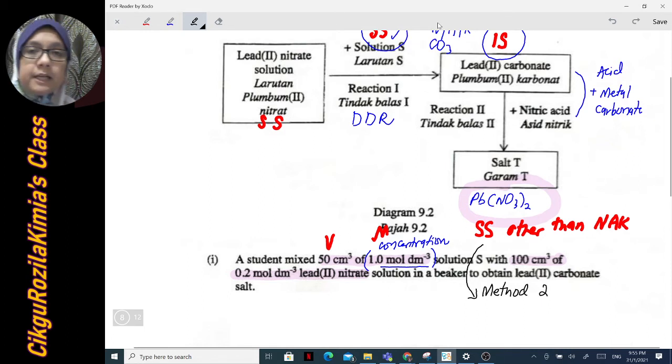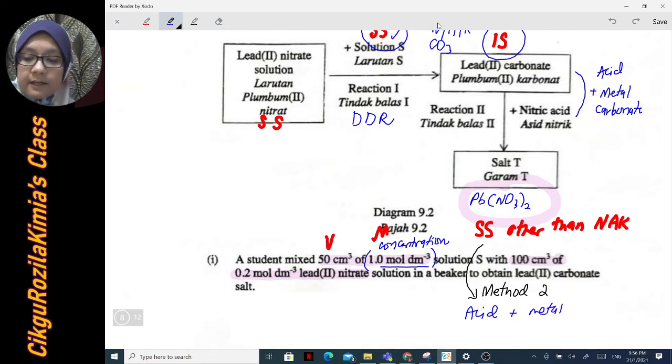So, to prepare this we use method 2. Who still remembers there are 3 methods to prepare salt. 2 methods for soluble salt, and 1 method for insoluble salt, which is the double decomposition reaction we mentioned earlier. So, method 2 is actually acid. You can choose. Acid plus metal, reactive metals.